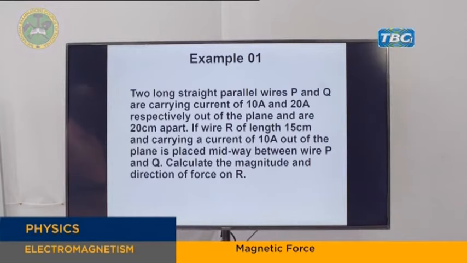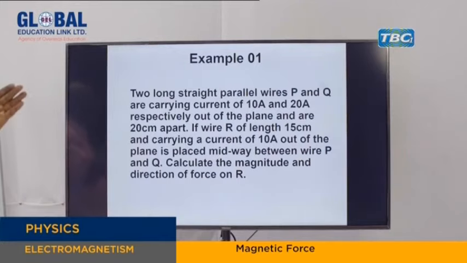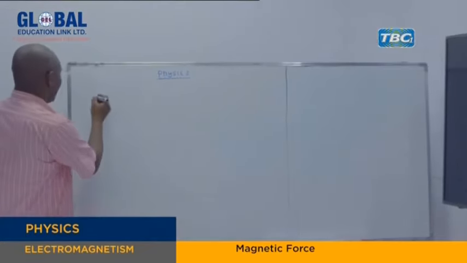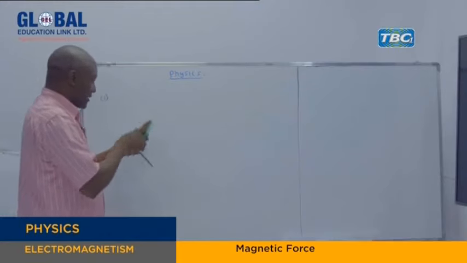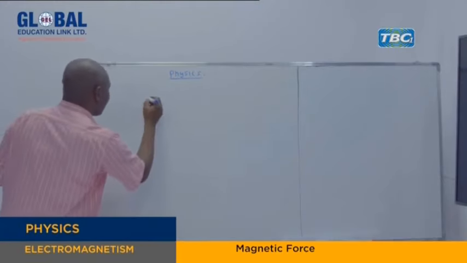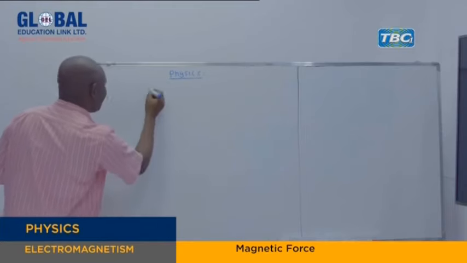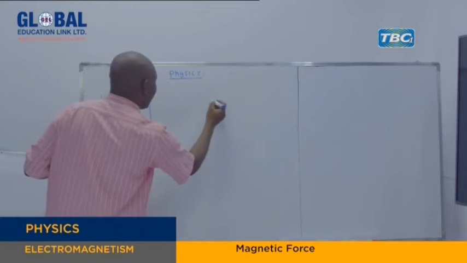From that, you know that these two wires are not of a certain length. They are long, infinite wires. Step number 1, you should draw the diagrams which show the nature of the question. So you have two wires, P and Q.